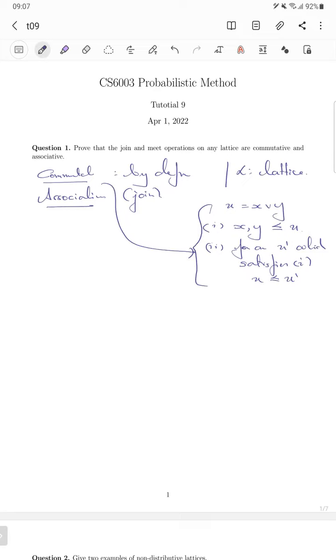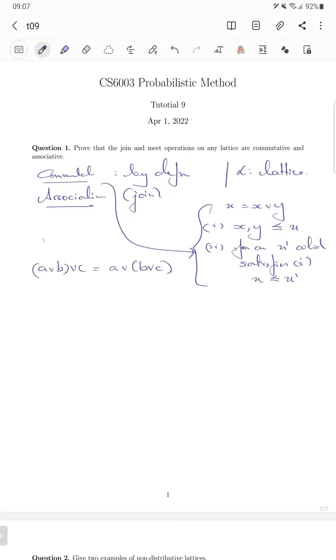Yes. Then basically we have to show (A join B) join C equal to A join (B join C). Yeah. Then we will have to show A join B join C is equal to A join B join C. Right. Yes, sir. Then, sir, we will take 3 elements in a lattice. Yeah.